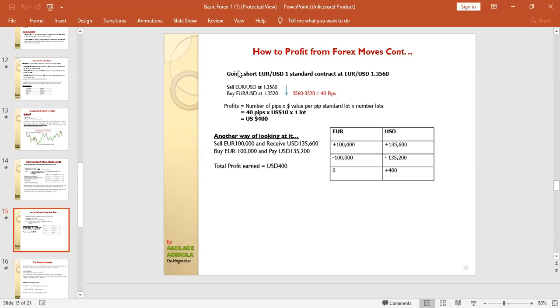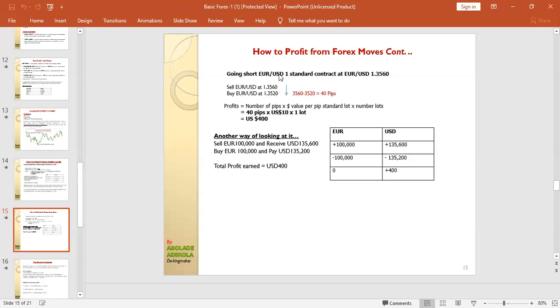You have sold after your analysis. Your analysis or your strategy is telling you that Euro USD will drop any moment from now. Now you take a sell trade, for example, at this price.